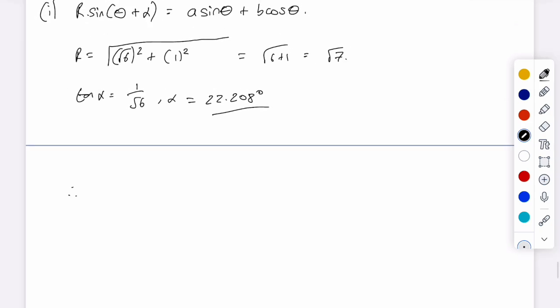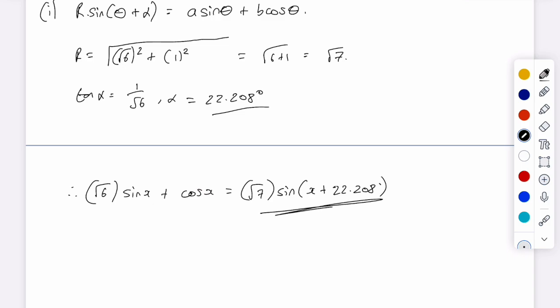So therefore root 6 sine x plus cos x is going to give me root 7 sine x plus 22.208 degrees. Okay, and that's going to be the answer for number I.